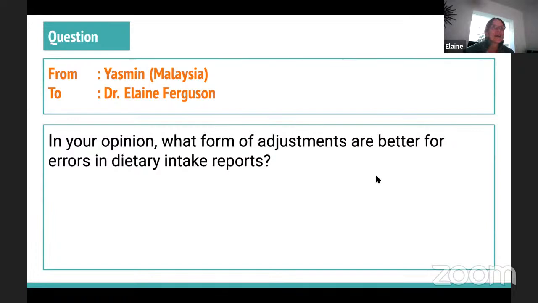But usually it comes into play when you're interpreting the data. If my energy intakes have been underestimated, but my population isn't thin, that probably means we've got underreporting of the actual food intake.